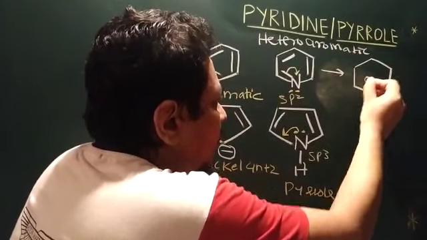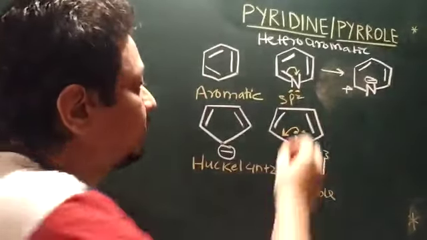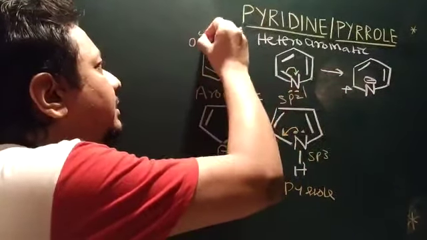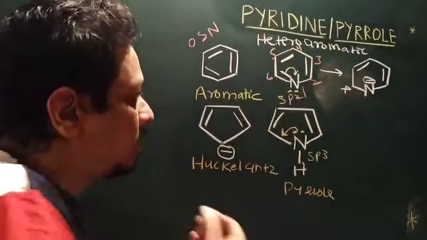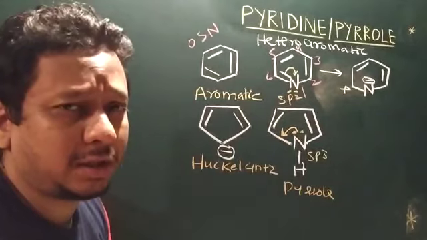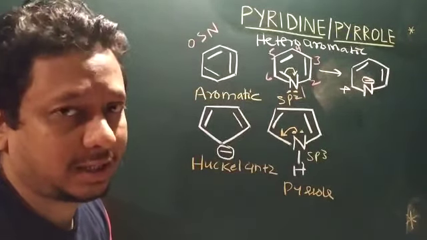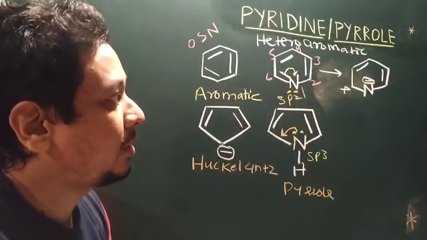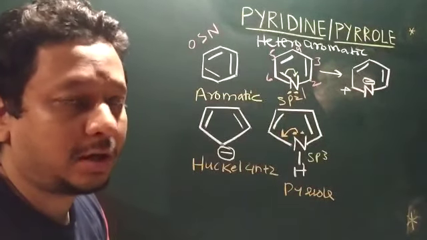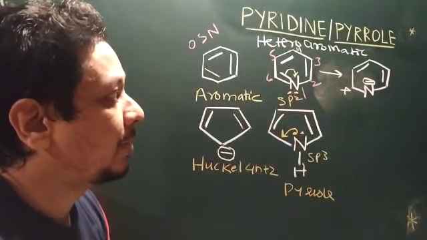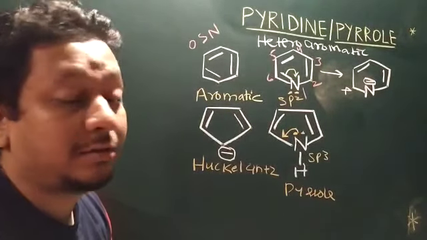And one thing you must remember, the numbering always starts from the heteroatom: 2, 3, 4, 5, 6. No matter if a 2-position amino group is present and a 3-position carboxylic acid. In normal IUPAC, carboxylic acid is more preferred, but over here it is not like that. It is as per the number. It will be 2-amino, 3-carboxy pyridine, or you can say 2-aminopyridine-3-carboxylic acid.